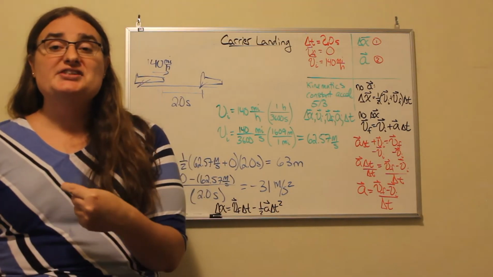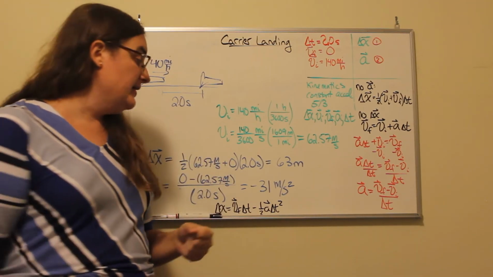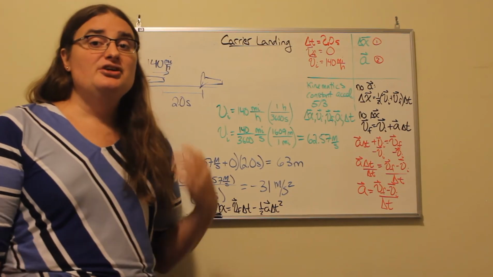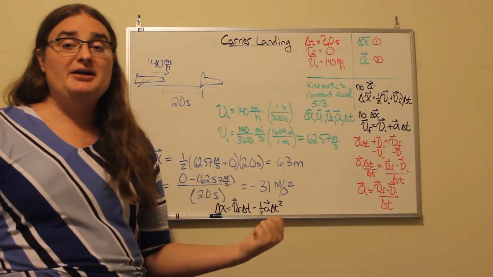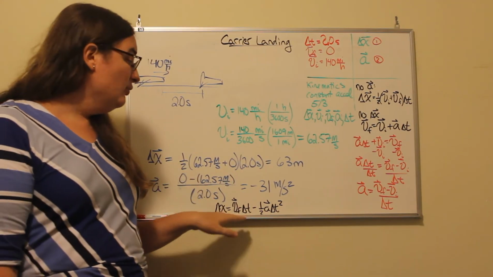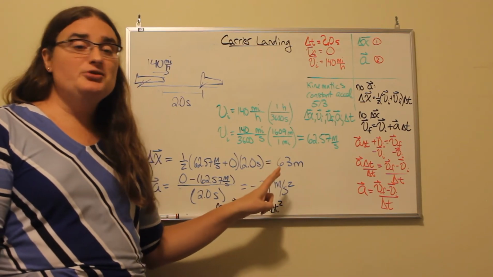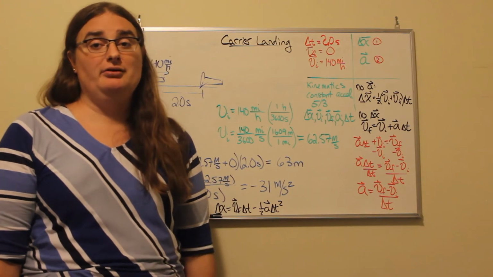We have a negative acceleration because we're taking away the forward motion of our object. And we change that velocity in 2 seconds. So if I take 62.57 meters per second, divided by 2 seconds, I get 31.3 meters per second squared. So again, to 2 digits, we'll just round that to negative 31 meters per second squared.